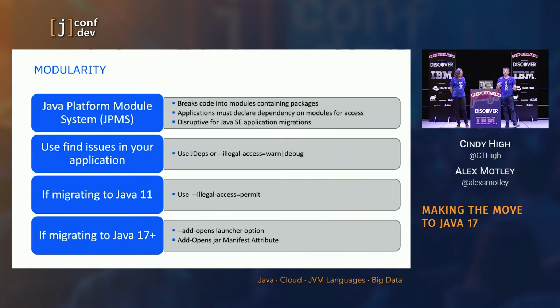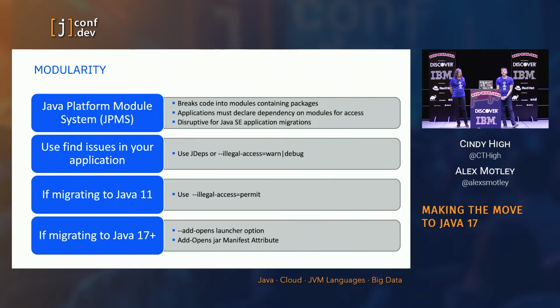It allowed for code to be broken down into modules which contain packages, and then those applications would declare their dependency on those modules. One of the core reasons, or the main motivation, was to try and encapsulate some of the JDK internals that we weren't perhaps supposed to be using, but that were widely used, and to try and lock some of that down.